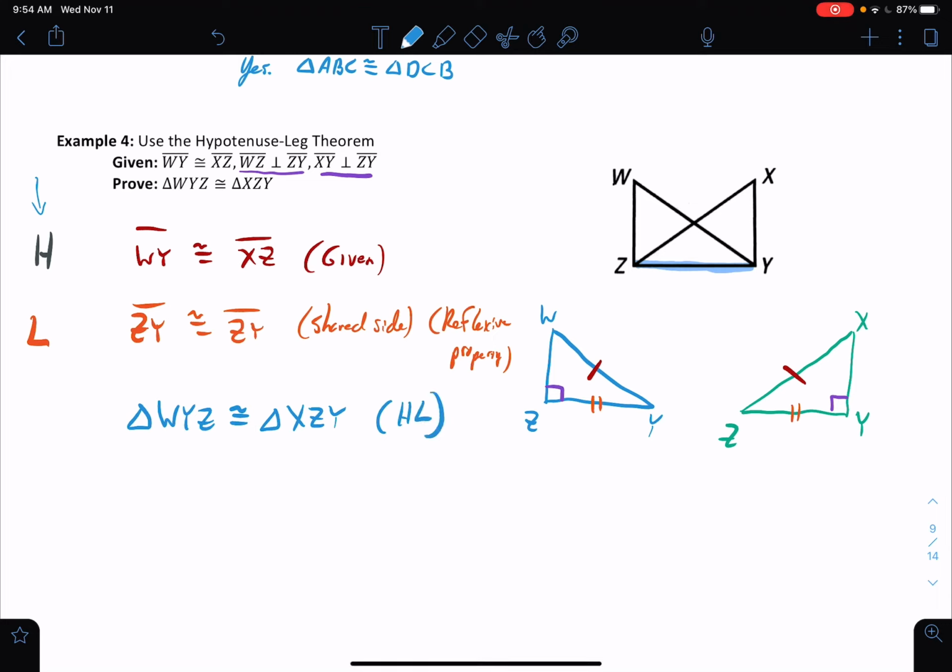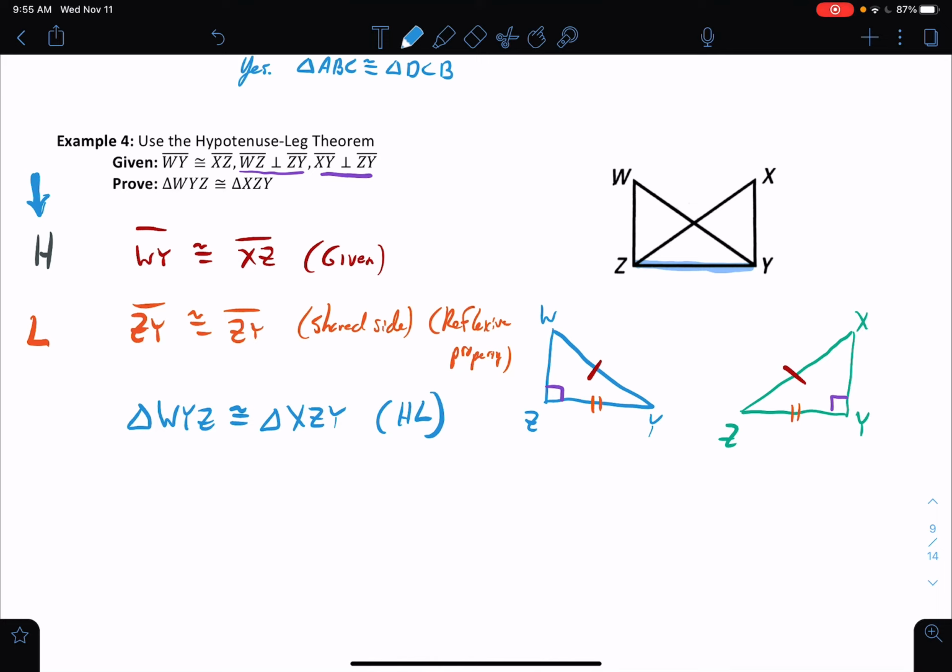All right, so I just list a bullet point of what I can tell based off of these diagrams, and I'm going to be able to match it to a congruency theorem. Okay, in the next couple videos, we will dive into different theorems. There's 3 more, I believe, that we're going to talk about. All right, but that's why it's so important to list what you have over here and to draw your diagrams and mark them up. That way, you can know for sure what type of theorem you're dealing with.